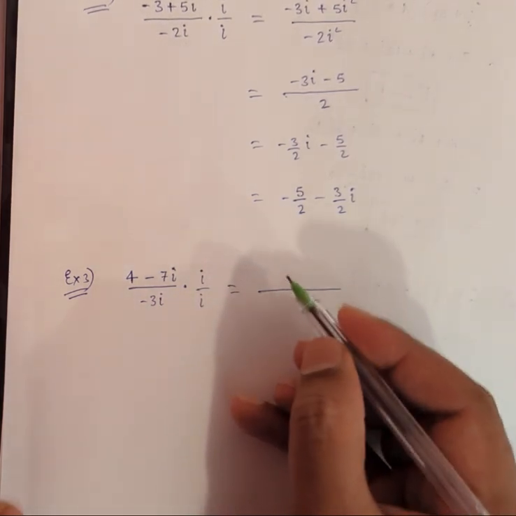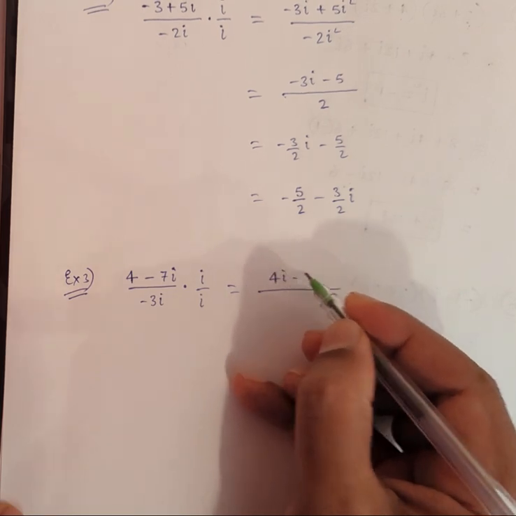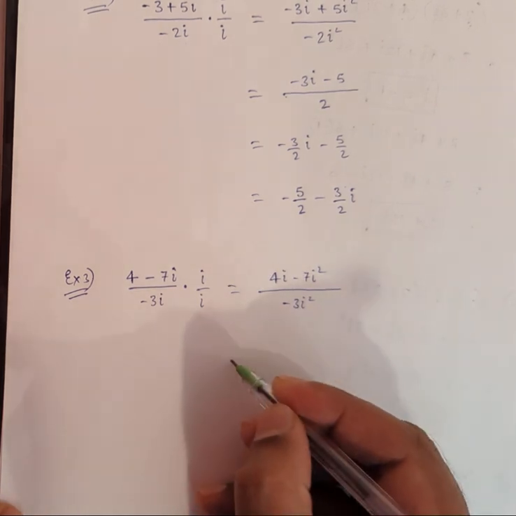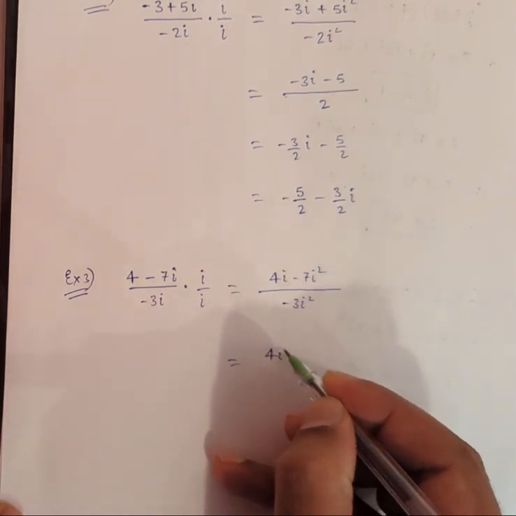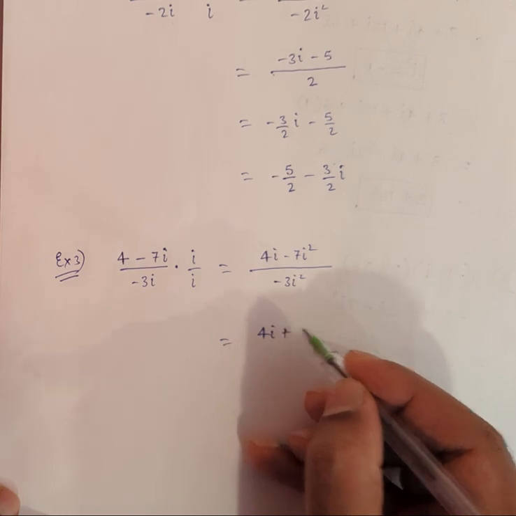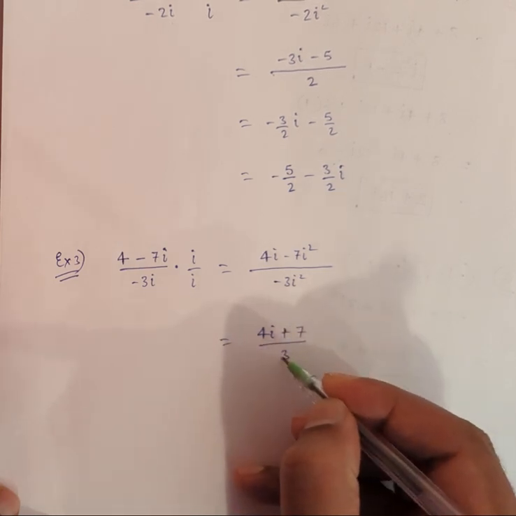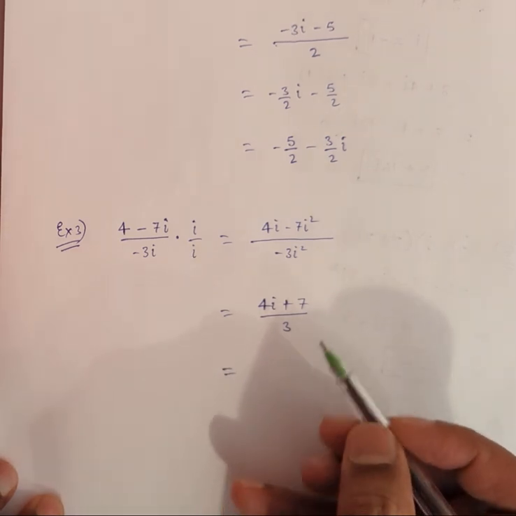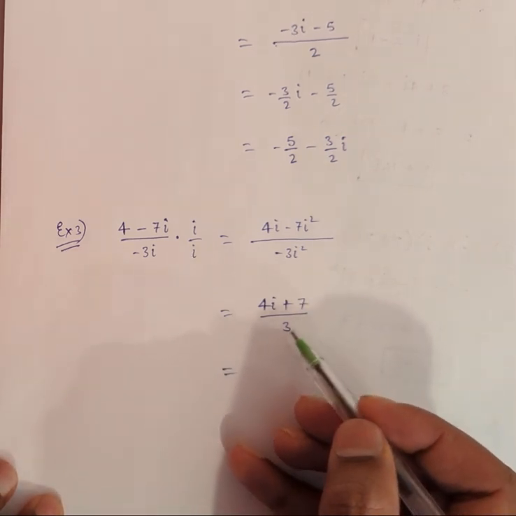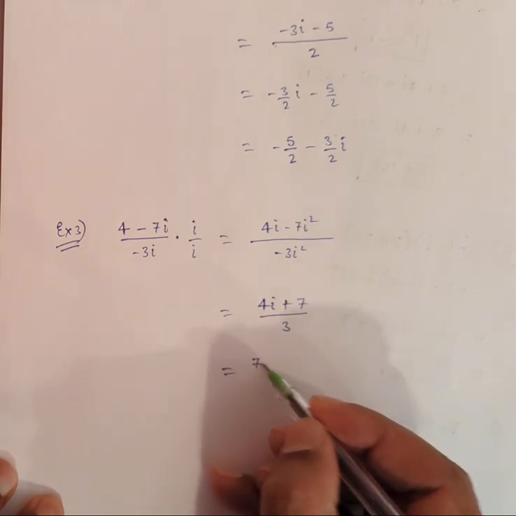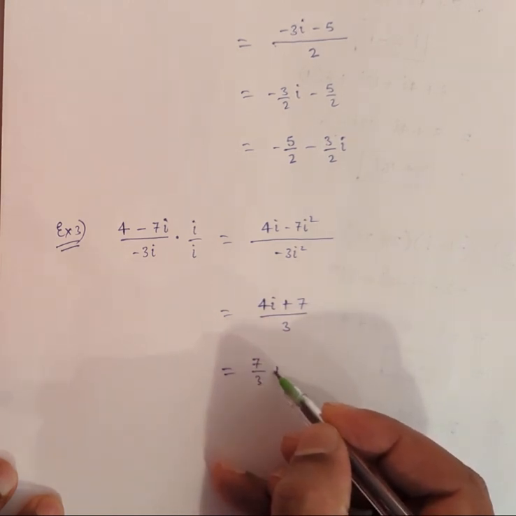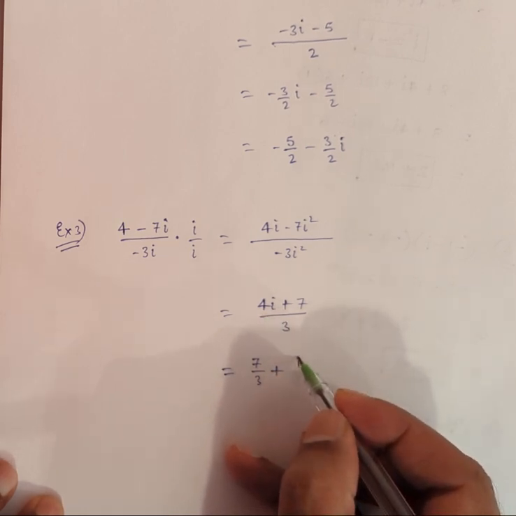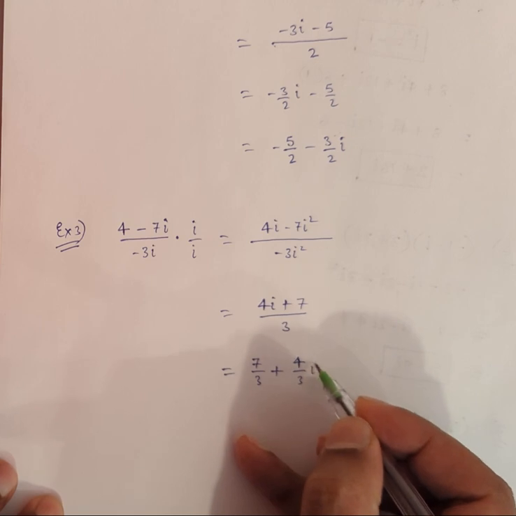That changes the numerator to 4i minus 7i square divided by negative 3i square, which turns it into 4i plus 7 over positive 3. And if I'm thinking ahead and if I want a plus bi, then I would write this part first, 7 over 3 for the real part, and then the imaginary part is 4 over 3 because that's what I have with i.